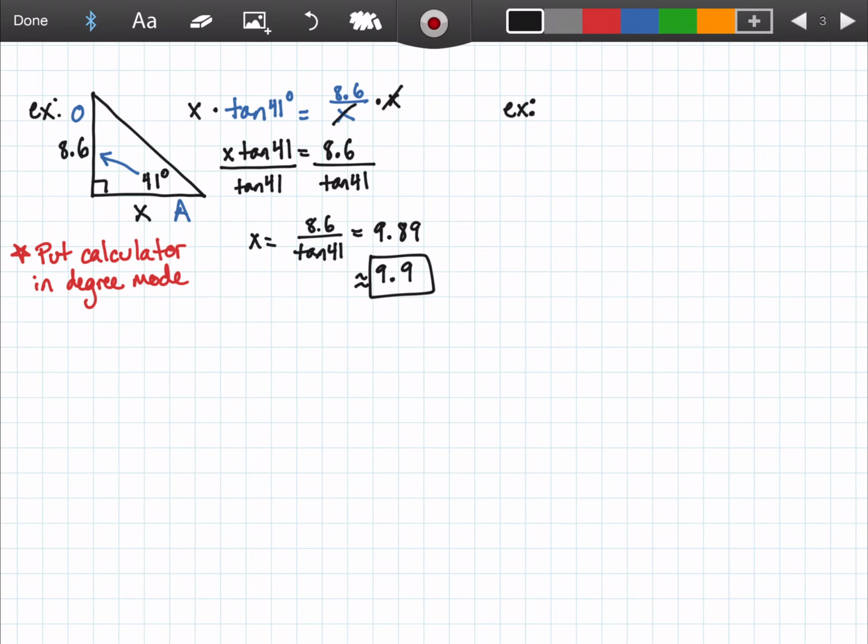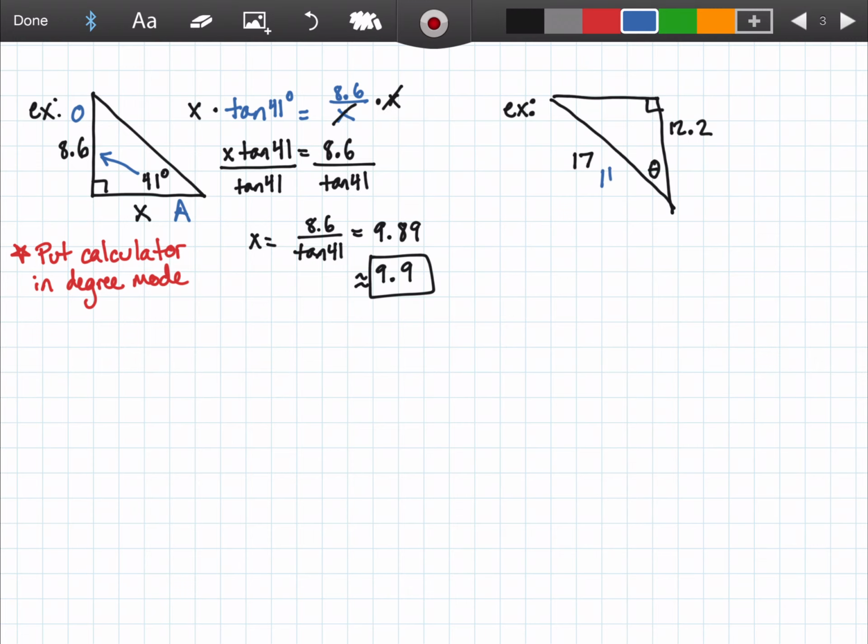Well, let's say I also have a missing angle. So let's put theta down here. And I know I have 17 and 12.2. And my job is to find theta. Well, here's what I know.